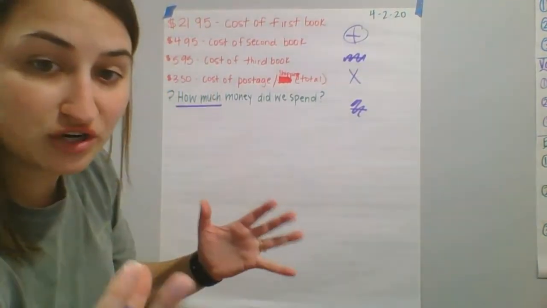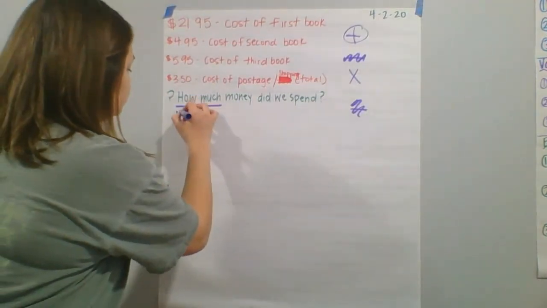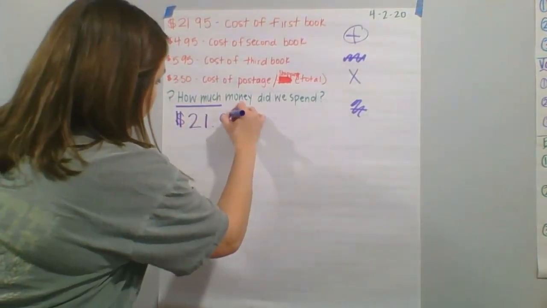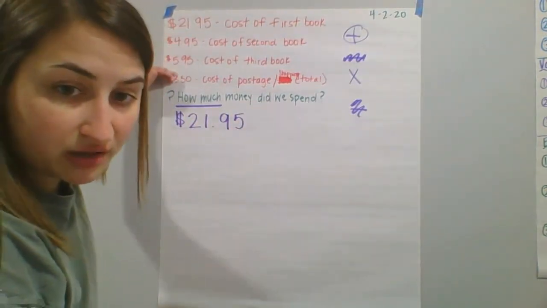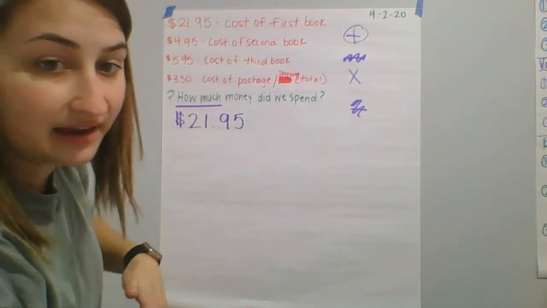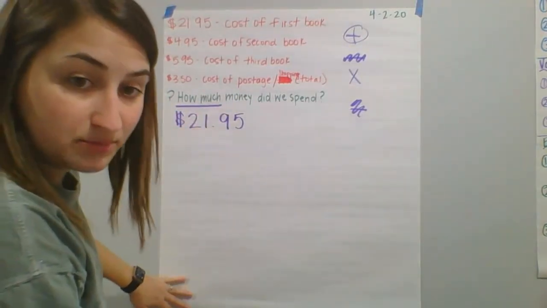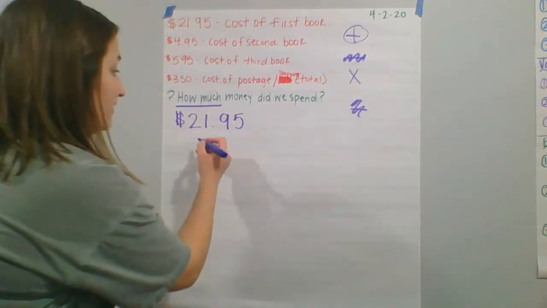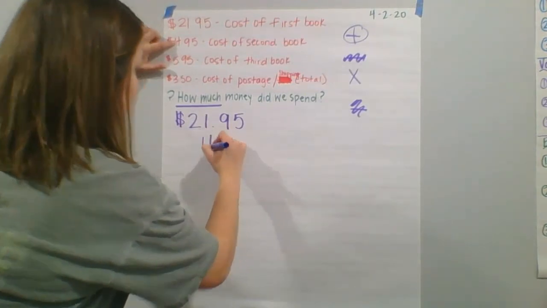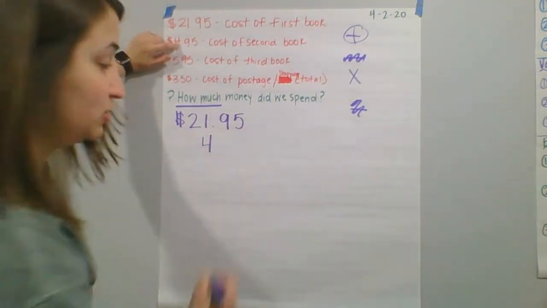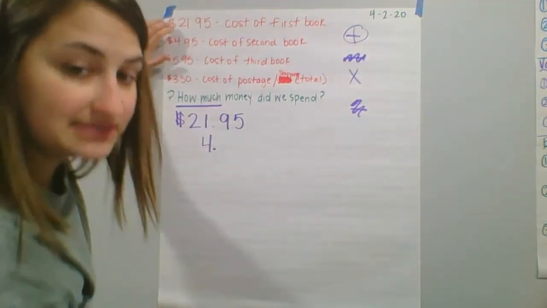So starting with that largest quantity, $21.95. I can break it apart and do smaller sections, or I can just stack them all. It does not matter. But remember, in the ones place we have a 4, right after the 4 is a decimal, and you want those decimals in the same spot.